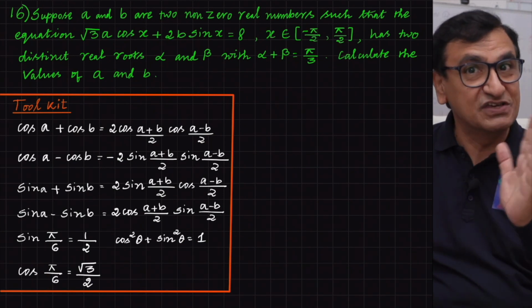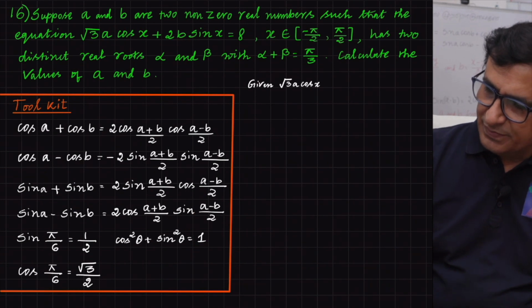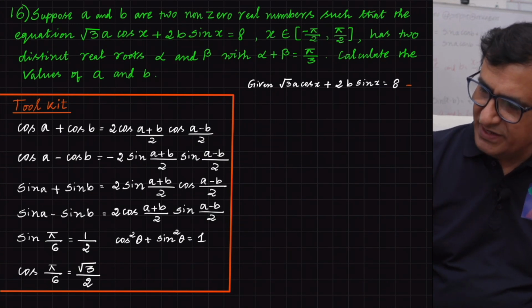Let's write what is given. Given square root of 3 a cos x plus 2b sin x equals 8. Let me call this equation 1.